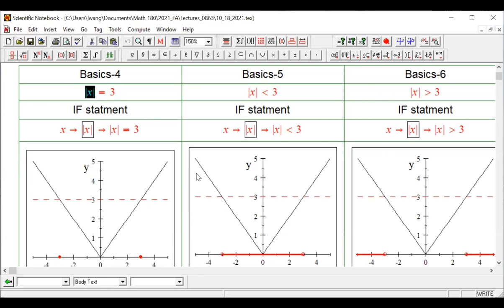If you see from this perspective, you will find that all the questions you see about equations can all be seen in the same light. So you can see on basic 4, 5, 6.